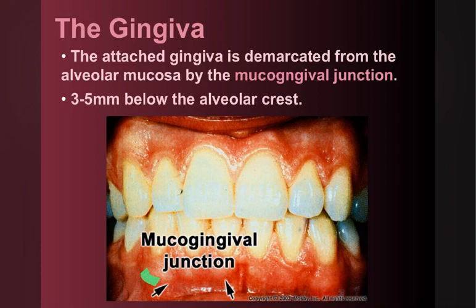You see here in this figure, there is a line demarcating the area of the gingiva, which is pale pink in color, and the alveolar mucosa, which is more reddish in color. The line between them is called the mucogingival junction. It's about 3 to 5 millimeters below the crest of the alveolar bone.